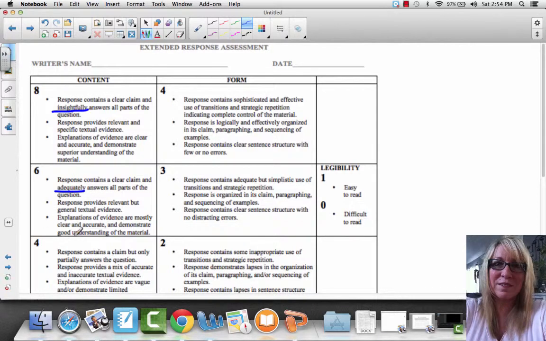The response provides relevant but general textual evidence. Explanations of evidence are mostly clear and accurate and demonstrate good understanding of the material.